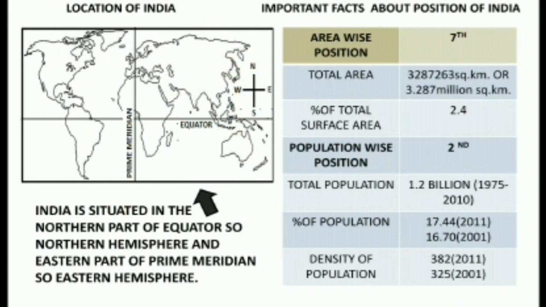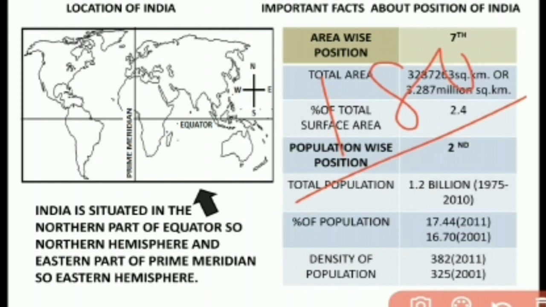Okay. Now I just told you that 180 degree is a whole circle single line. This single line is known as the international date line. Why international date line? Because on the basis of this line, the date is determined all over the world.